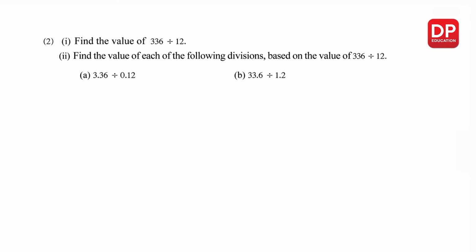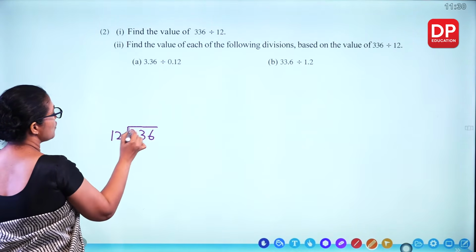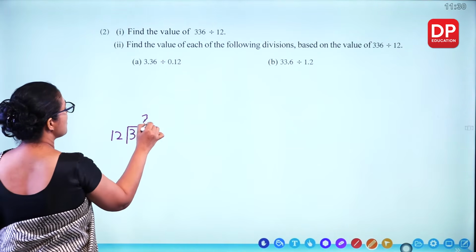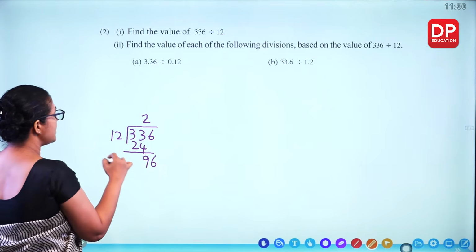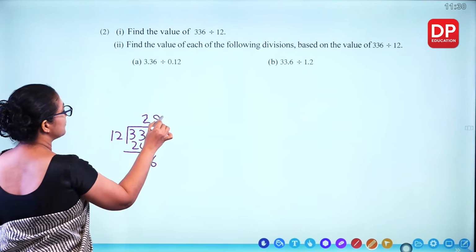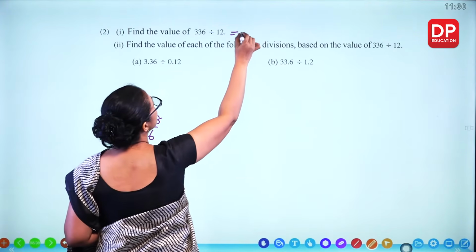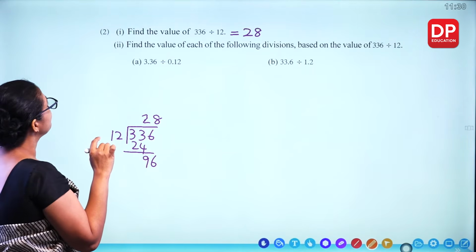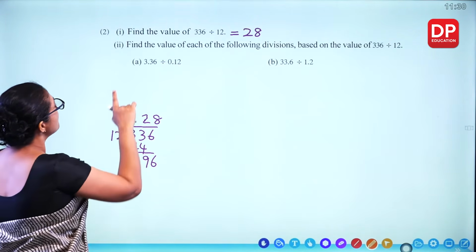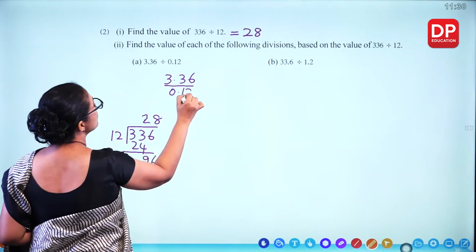Question number 2, find the value of 336 divided by 12. 12 times 3, 36. So 12 times 2, 24. You get 9 here. For 96, that's 8. So 28 is the answer. Now using that, find the values given below. 3.36 divided by 0.12.